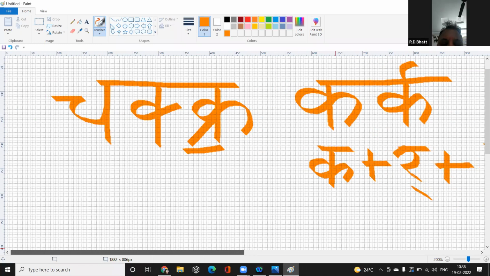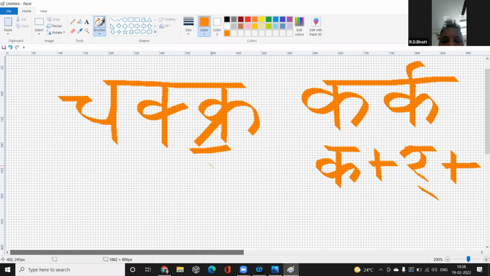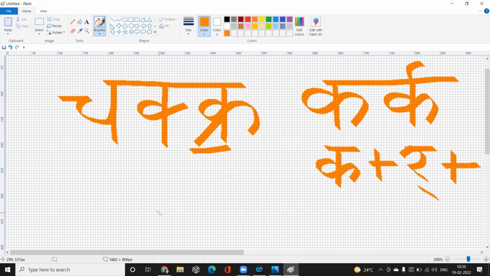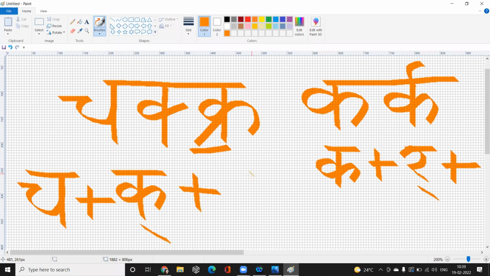When we come here, this r sound is complete. The k sound is half. This is ch. This k is half. Then we have another k here, which is complete.